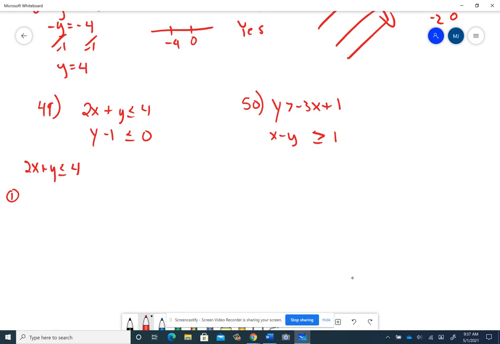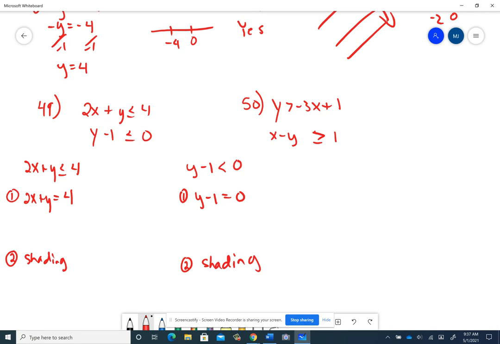You're going to first graph the boundary, then determine your shading. Then you're going to think about the other one. Oops, you write the original. And after you do that, you're going to determine the shading. And these both are going to be put on the same coordinate plane.